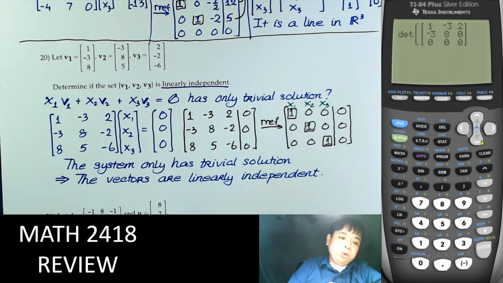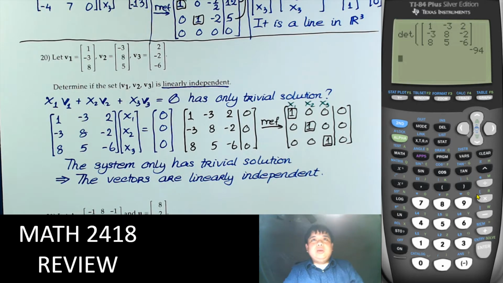So here we should expect the determinant to be something other than 0. So that's not equal to 0. So they are linearly independent.